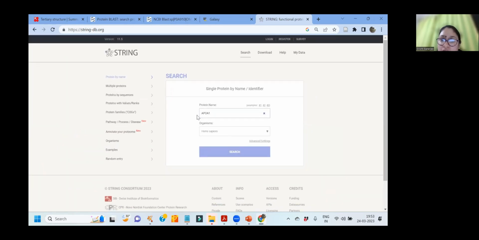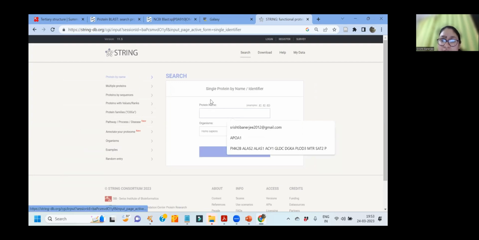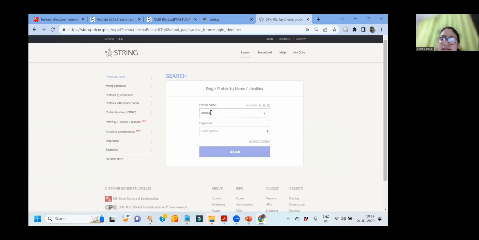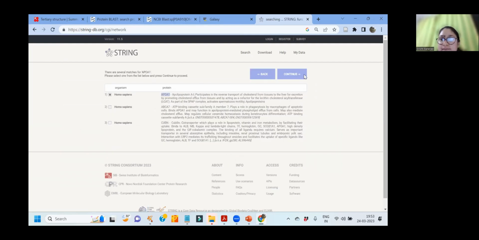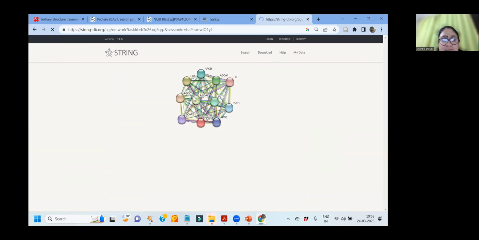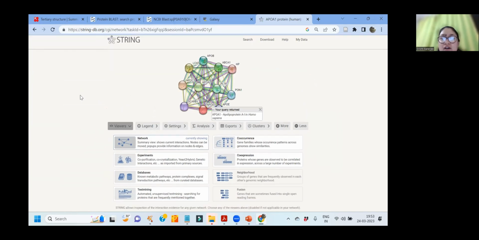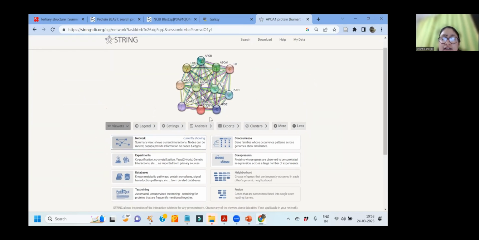So you paste the name of the protein, then you get Homo sapiens and search. You get this, select, continue. And that is how your interactions look, these are the different proteins it interacts with.